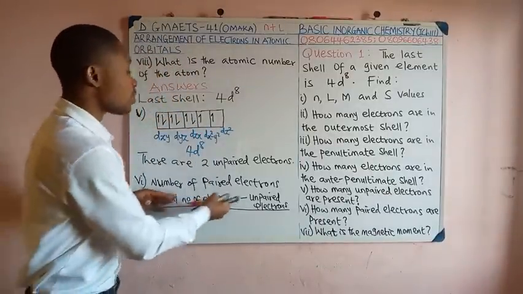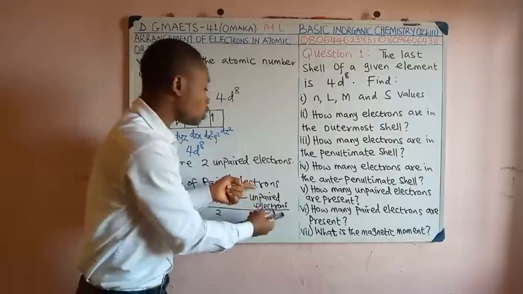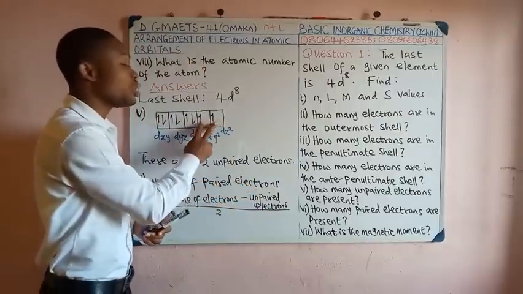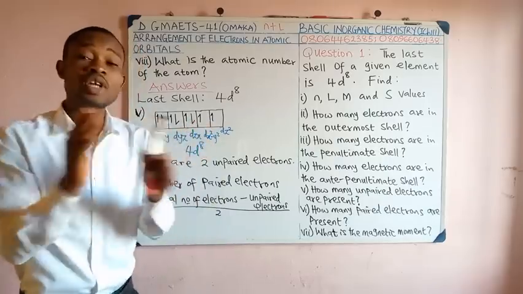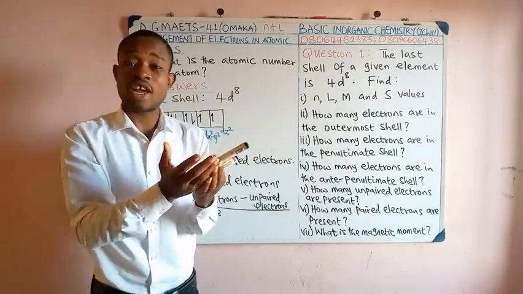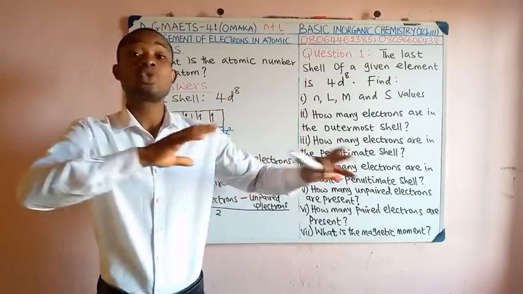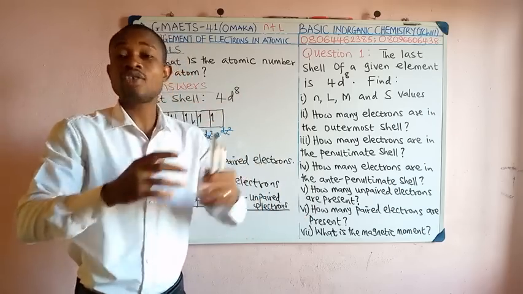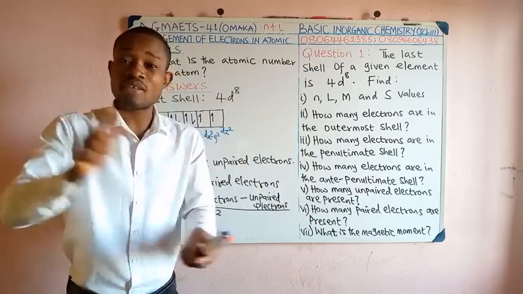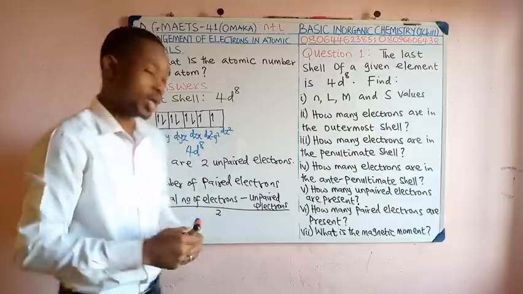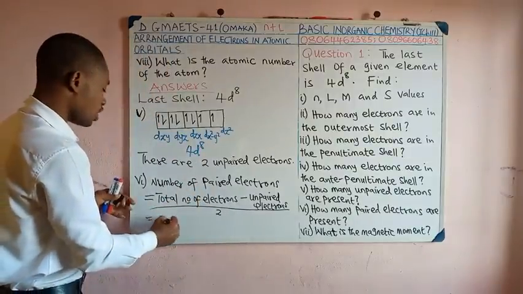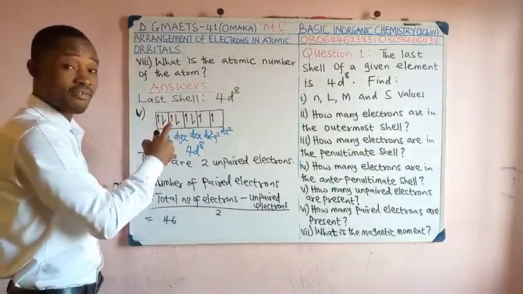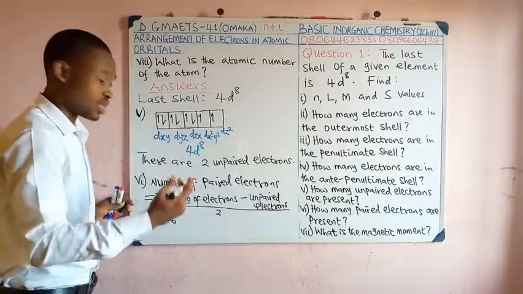So we're going to take the total number of electrons in this atom. We will subtract those that are unpaired, and we have 2 which are unpaired. If you subtract the 2 from the total number of electrons, what you're going to get will be the total number of electrons in the atom that are actually paired. Now, how do we get the paired number? We divide it by 2 because each pair contains 2 electrons. We found out that this is atomic number 46, so it has 46 electrons.